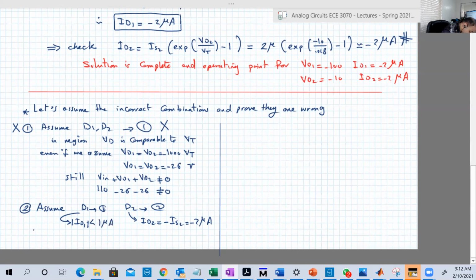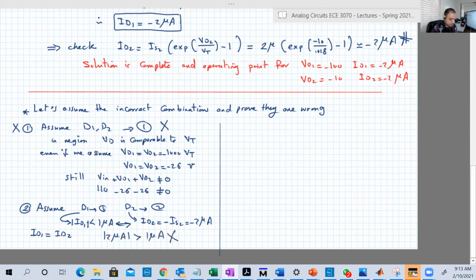And remember, from KCL, ID1 in that circuit is equal to ID2. But these are contradicting, because ID2 is minus 2 microamperes, and the magnitude of 2 microamperes is greater than 1 microampere.